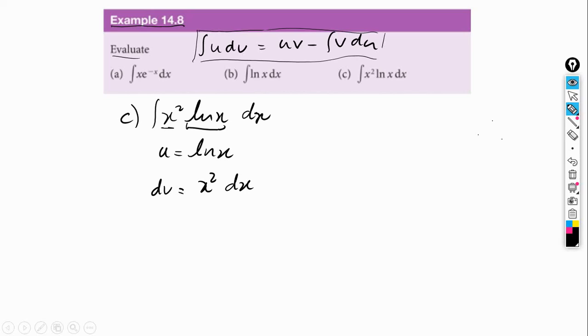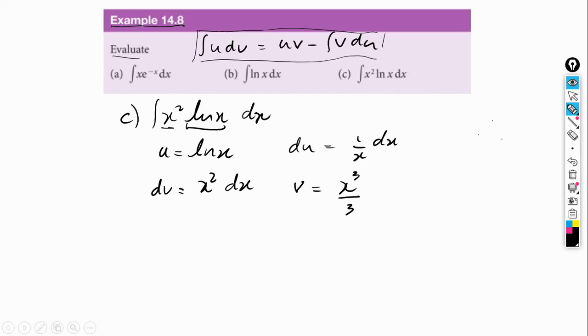Then derivative of u would be 1 over x dx, and then v is going to be the integration of derivative of v, which is simply x cubed over 3. So now we have everything we need to plug into the formula of integration by parts.